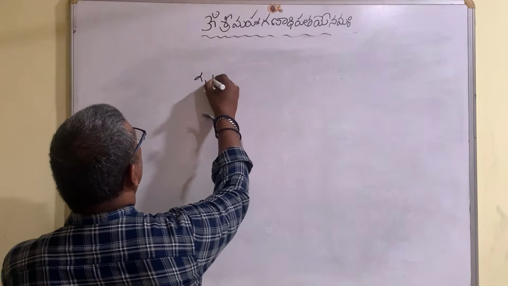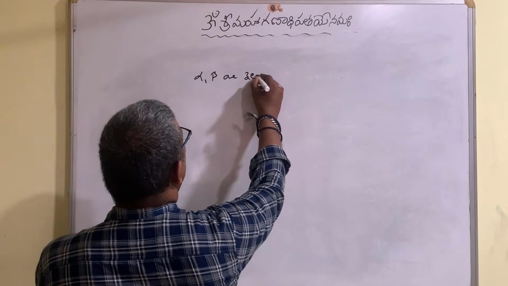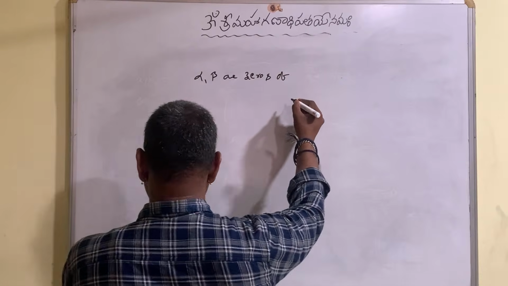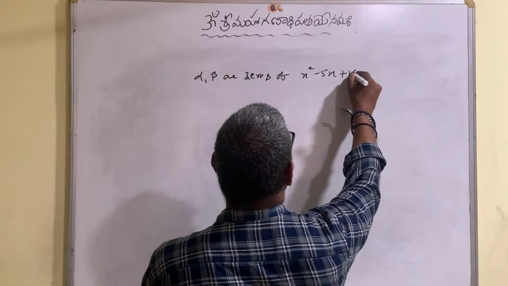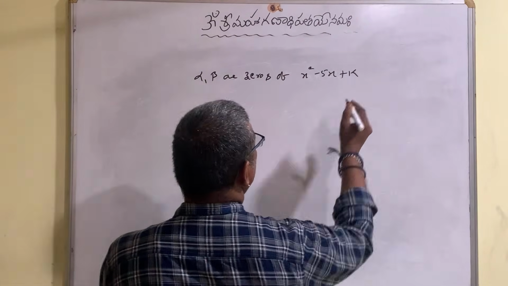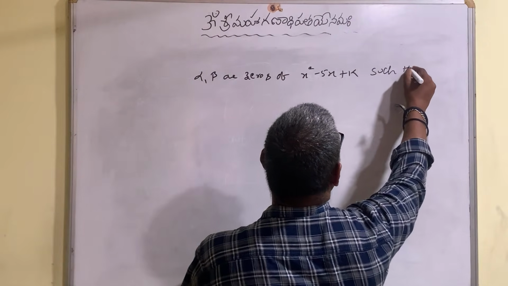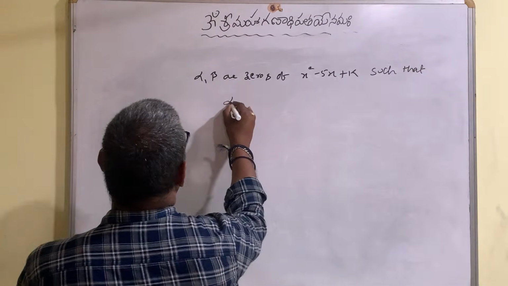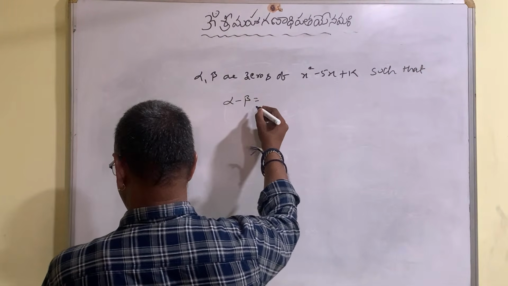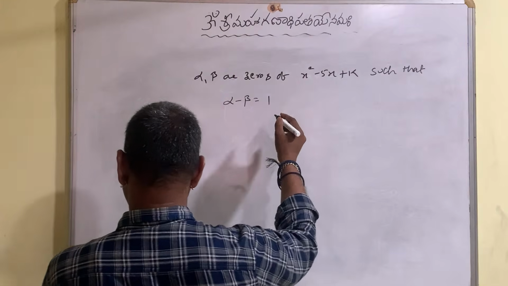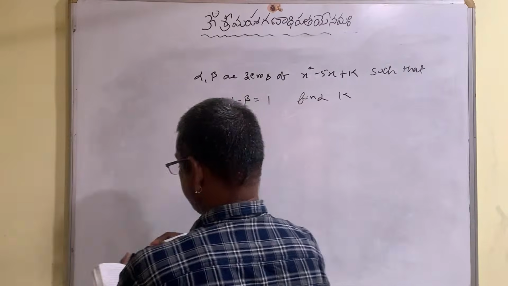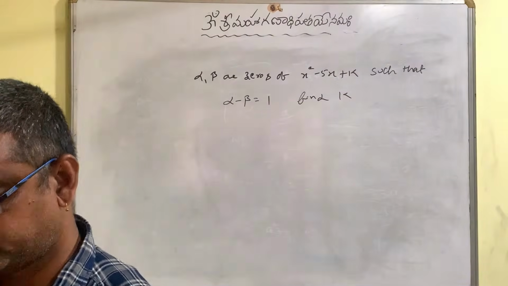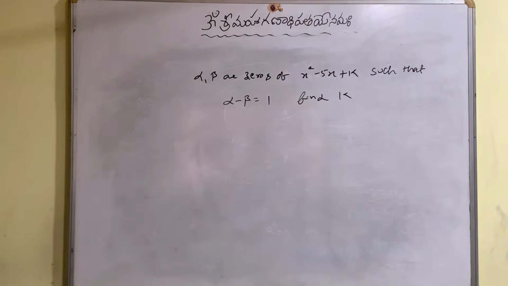Alpha, beta are zeros of x square minus 5x plus k such that alpha minus beta is equal to 1. Find k. This is the question, children.